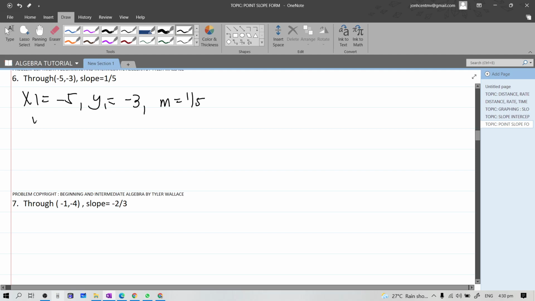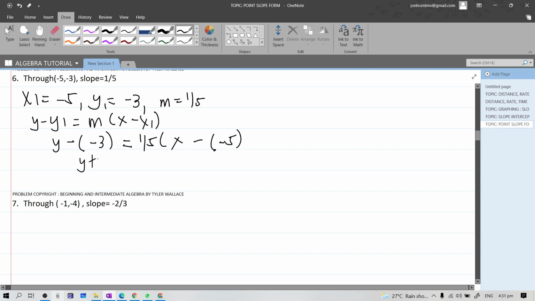So, we have y minus y sub 1 is equals to m times x minus x sub 1. We have y minus negative 3 is equals to 1/5 times x minus negative 5. So, we have y plus 3 is equals to 1/5 times x plus 5. So, this is the answer.